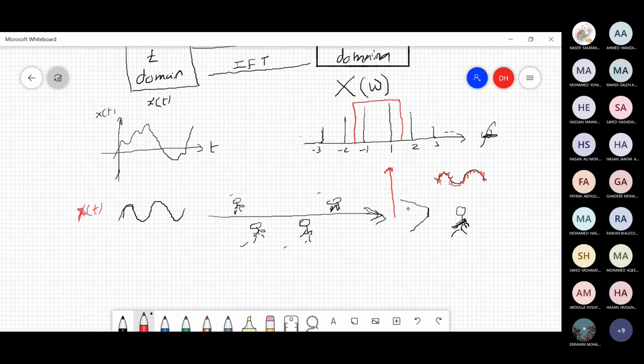Anything after 1 is going to be rejected. So this is my filter. Since we know from the spectrum analyzer the frequency of all these noises, I am going to put a filter here that rejects the noises and passes only this one.